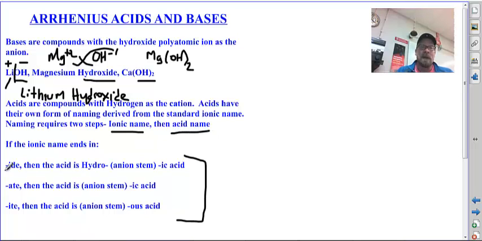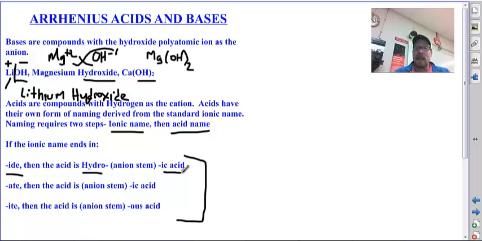We'll do a few examples, but if I named it as a normal binary or ternary ionic compound and it ended in IDE, which would mean it's hydrogen with some element anion, then it has the prefix hydro, whatever the anion stem is, and ic, acid, as the ending.